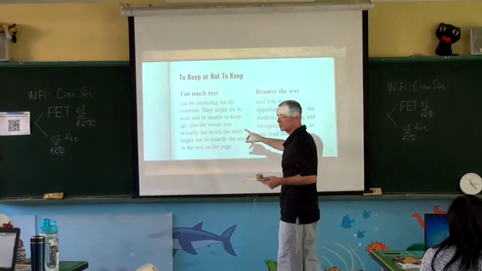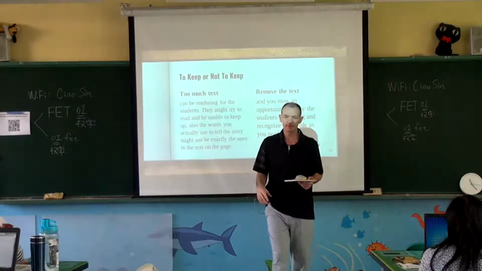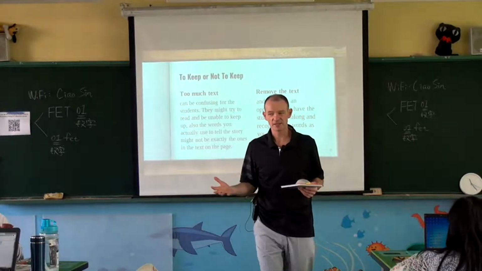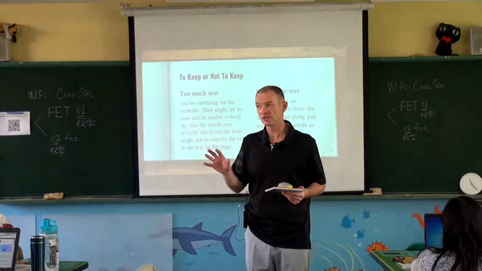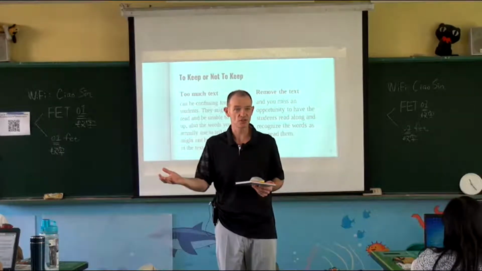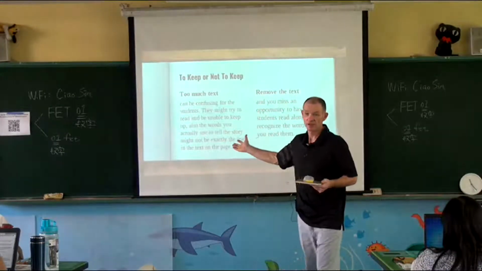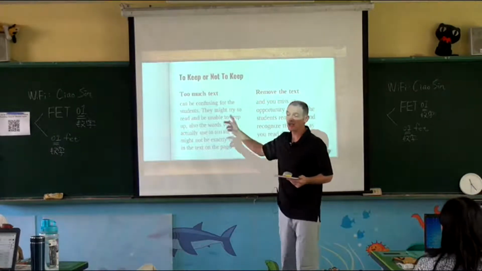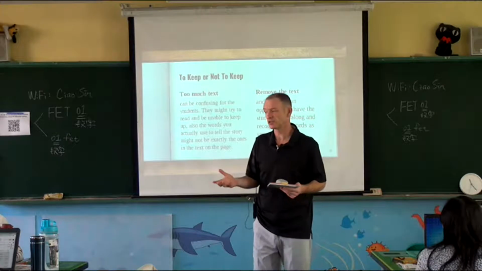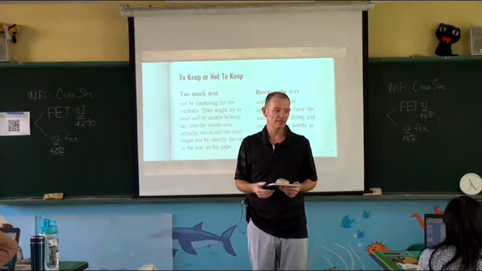But on the pages in the books, sometimes you can have too much text. So sometimes you have to decide, do you want to keep all the words, or do you just want to tell the story and have the pictures for the students to look at? And actually it's quite important, because if you have too much text, it can be confusing.